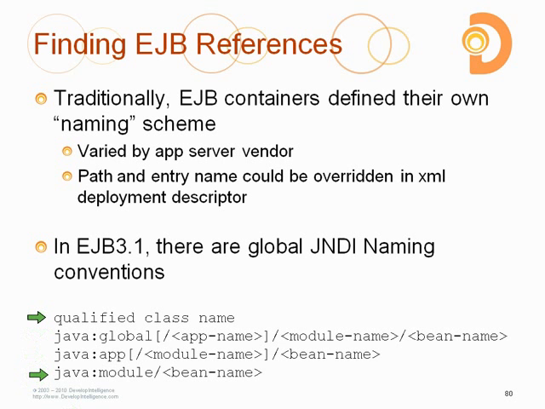If it's deployed in an ear, then you might see the app. The app will be whatever your ear's file name is. Module name will be whatever your EJB jar name is, and then your bean name.